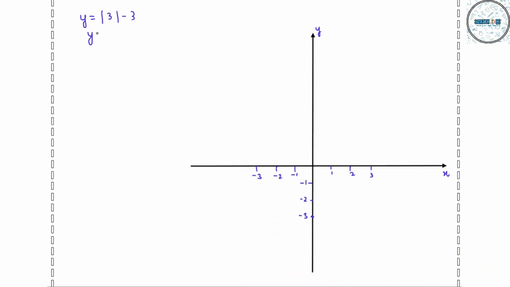So y is equal to 0. Another value of x we can take as -3. When we take absolute of -3, it is 3. So 3 minus 3 is equal to 0. So at 3 it is 0. At -3 as well, it is 0. We can draw a line passing through these points.